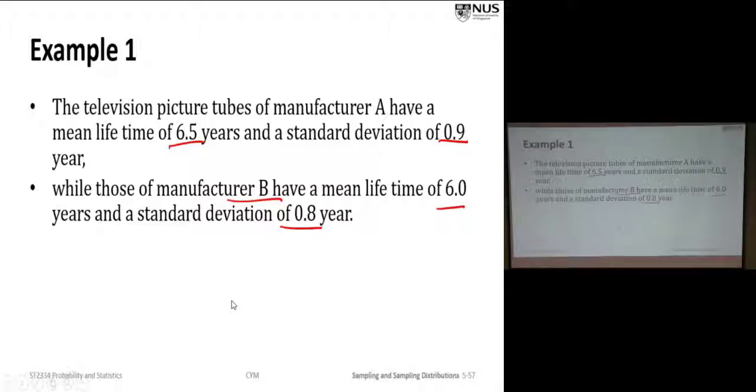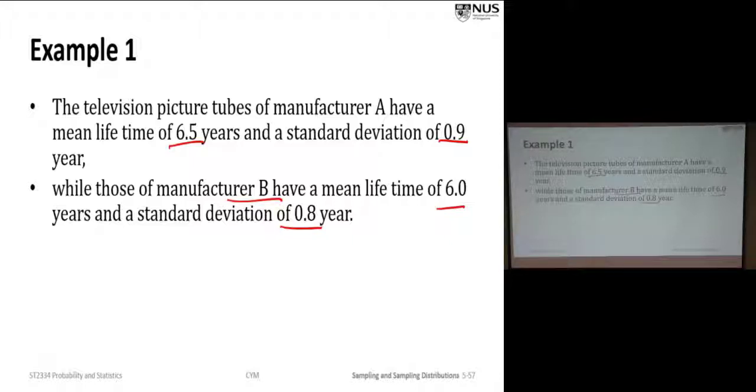Here all this information is given to you. In practice, we may not know it, but we will work on the assumption that we have all the information about the population mean and the population variance.